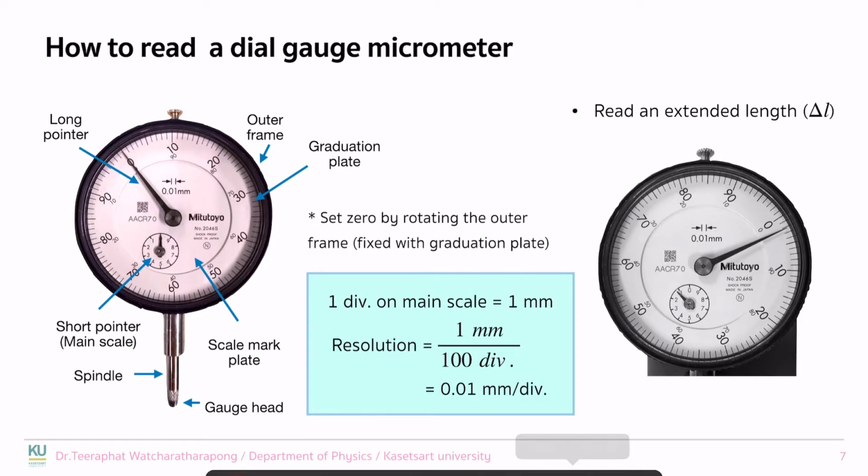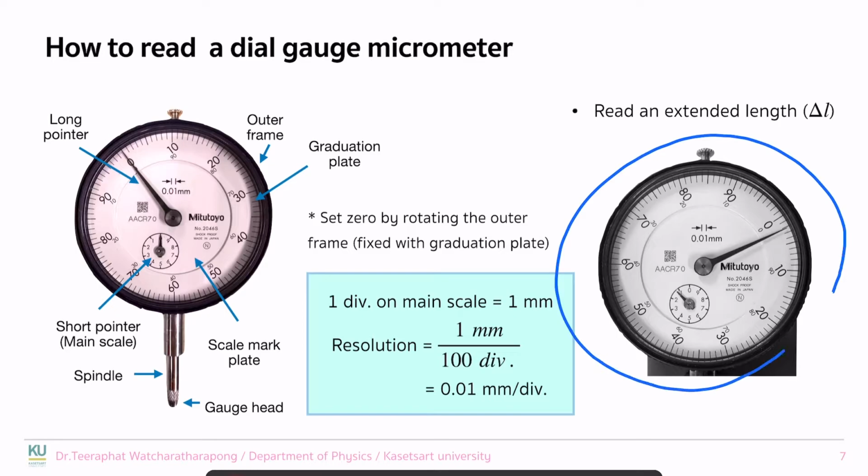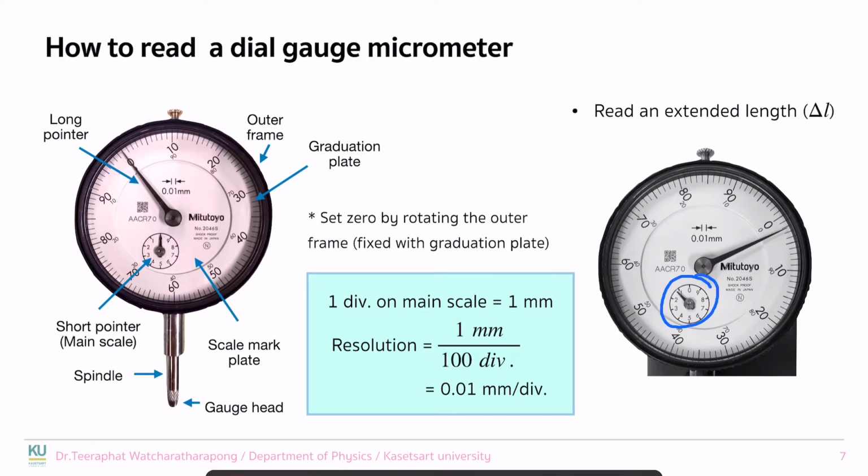Okay, so let's practice a bit in this figure. Try reading the value, how much you would get. Here, we start from the main scale, right? And you can see here that the short pointer points around 1 to 2, right? So that means we get 1 millimeter from the main scale.